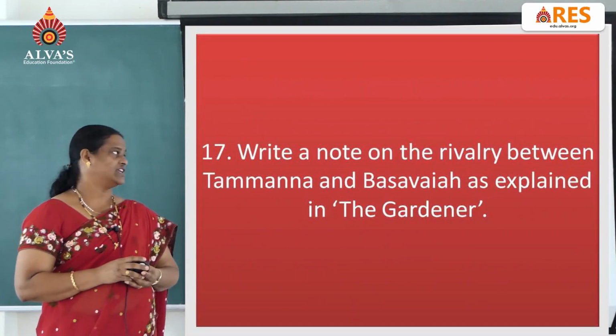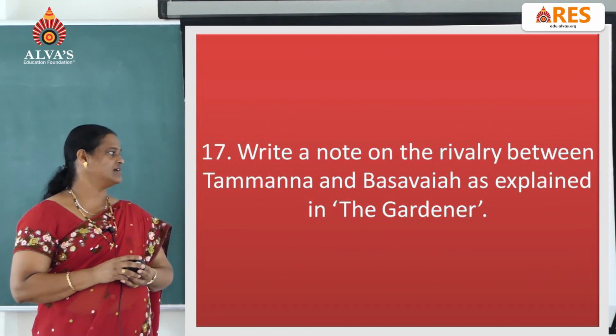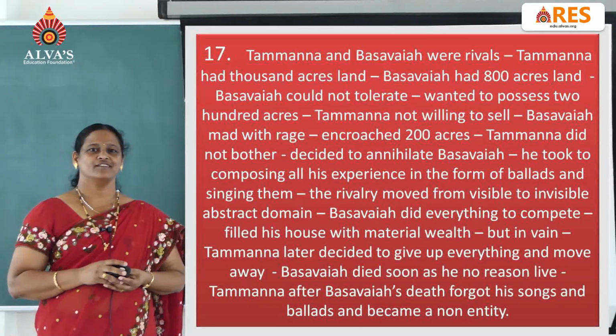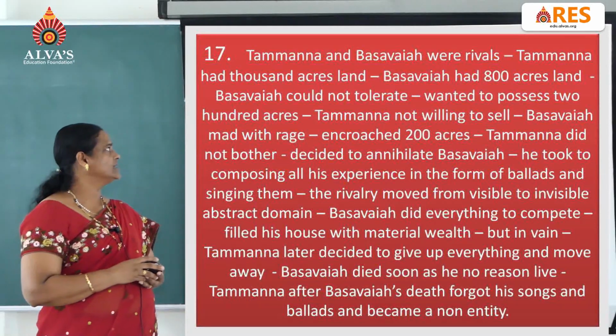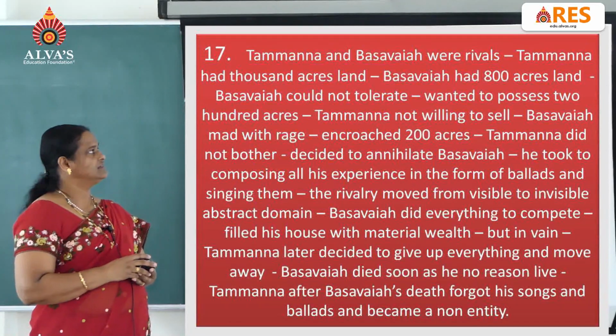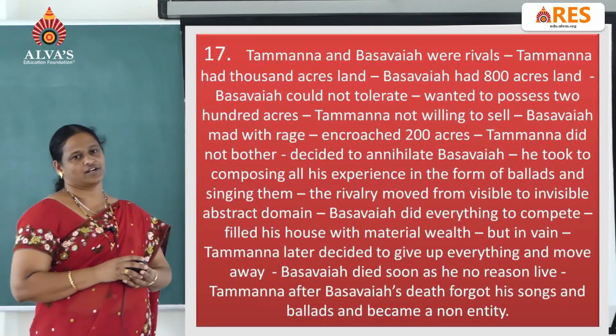Now, the 17th question. Write a note on the rivalry between Tammanna and Basavaya as explained in The Gardener. Tammanna and Basavaya were rivals. Tammanna had 1000 acres of land. Basavaya had 800 acres of land. Basavaya could not tolerate this.